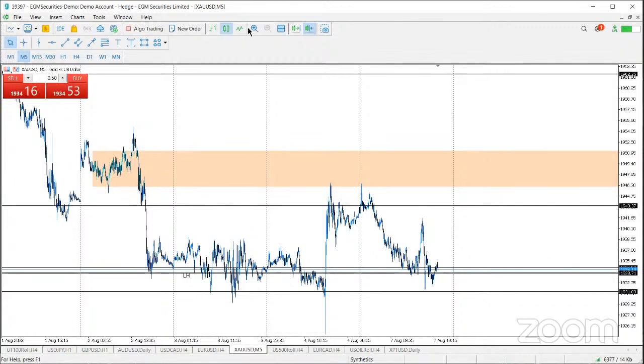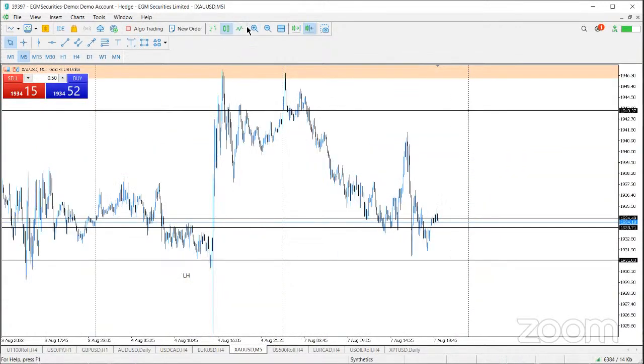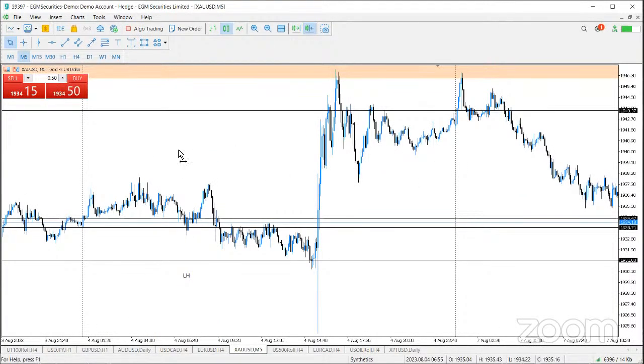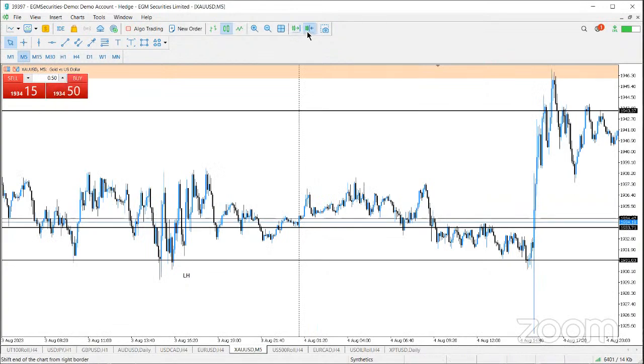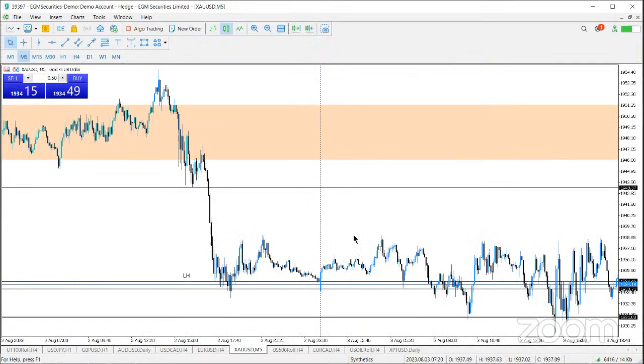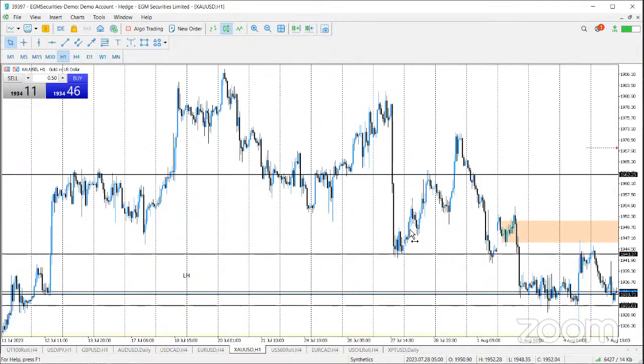Okay, so if I zoom in into this chart, let me remove this. If I zoom in here, H4.